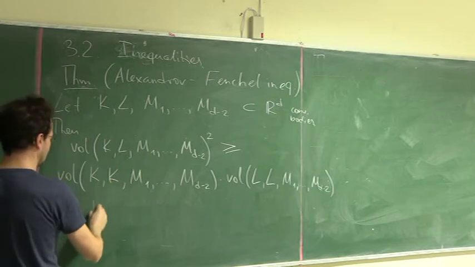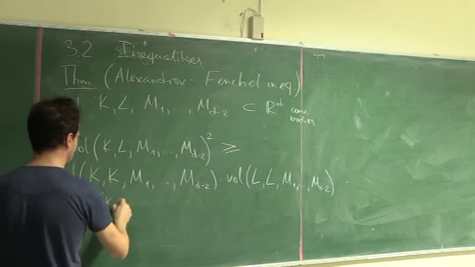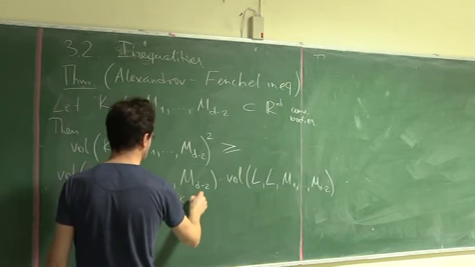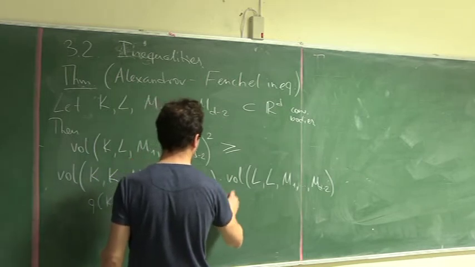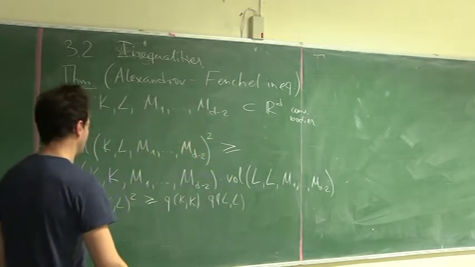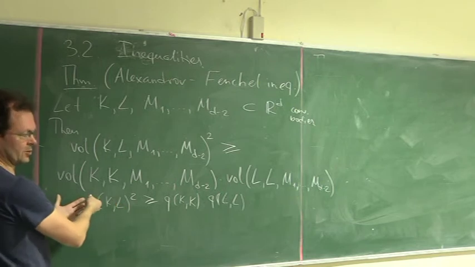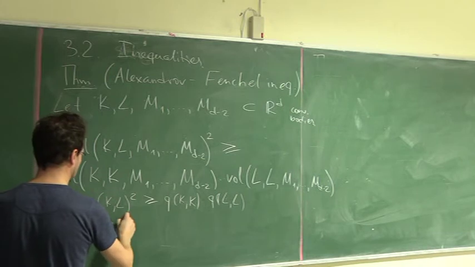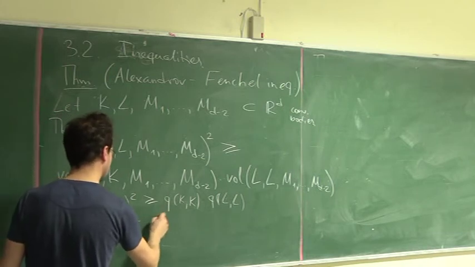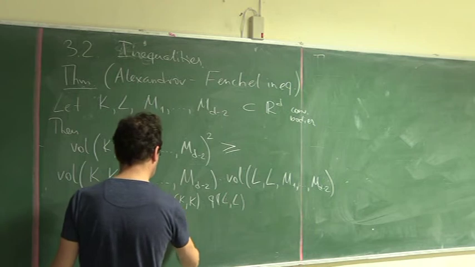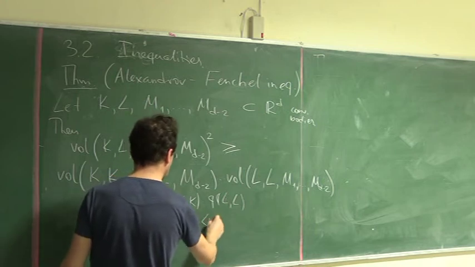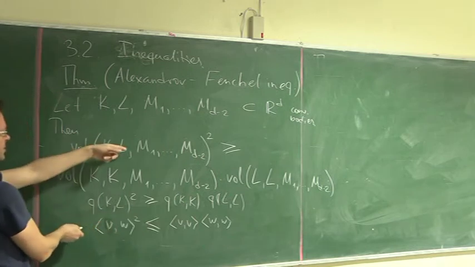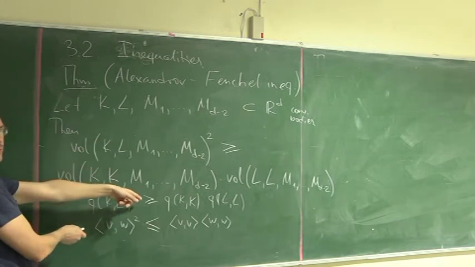So what is written here is Q(K,L) squared is bigger or equal than Q(K,K) times Q(L,L). And if this bilinear form were just the inner product, then (v,w) squared is less or equal than (v,v) times (w,w). So this is the well-known inequality, and this is the less well-known inequality, and it goes in the other direction.